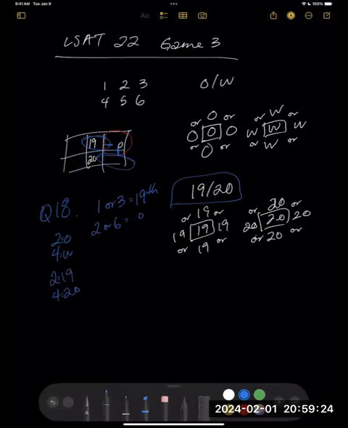So 1 is 19th century, 6 is an oil, that's fine. 2 is 19th century and an oil. Yeah, 2 has to be 19th century, so that's fine. 3 is 19th century. Yeah, that's fine.